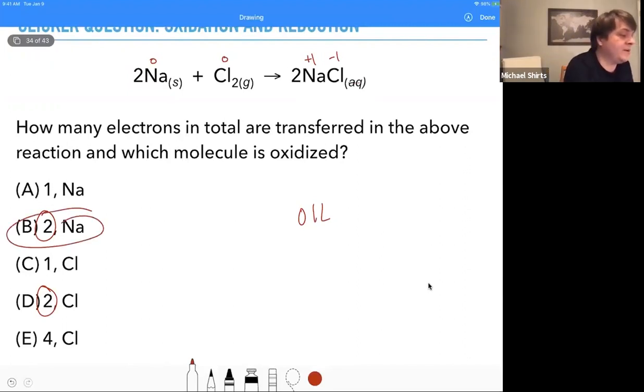So it's sodium that has lost electrons, and 2 electrons are transferred from the 2 sodium atoms to the chlorine gas to form the 2 chloride ions. Okay, so oxidation is loss, sodium is oxidized here. Even though there's no oxygen, under the now standard definition, oxidation is measured not in terms of the oxygens gained or lost, but the electrons gained or lost.